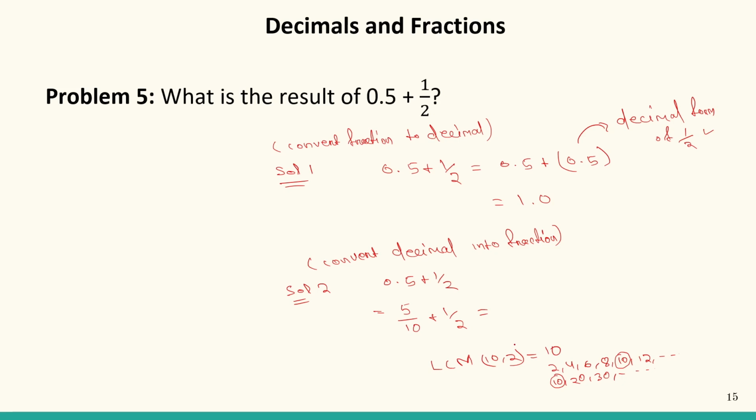Okay, so we need to convert 1 by 2 to a fraction that has denominator 10. So 5 by 10 plus 1 by 2 into 5. In order to equalize this fraction to this, what we need to do is multiply by 5. So what we have now is 5 plus 5 by 10, that is equal to 10 by 10, is equal to 1.0 or is equal to 1.